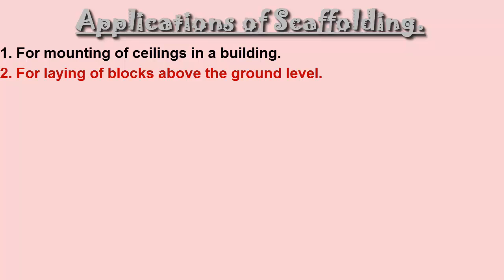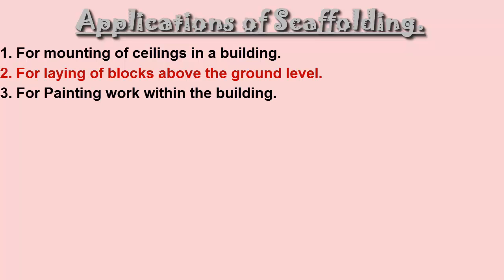For instance, you also want to do painting work. With painting work, sometimes your hand cannot get to the upper level. You need a scaffold to climb to enable you reach to where you want to work. Electrical work: you will see where they want to do fittings, they want to fix most of their appliances, their hand can't reach from the ground.